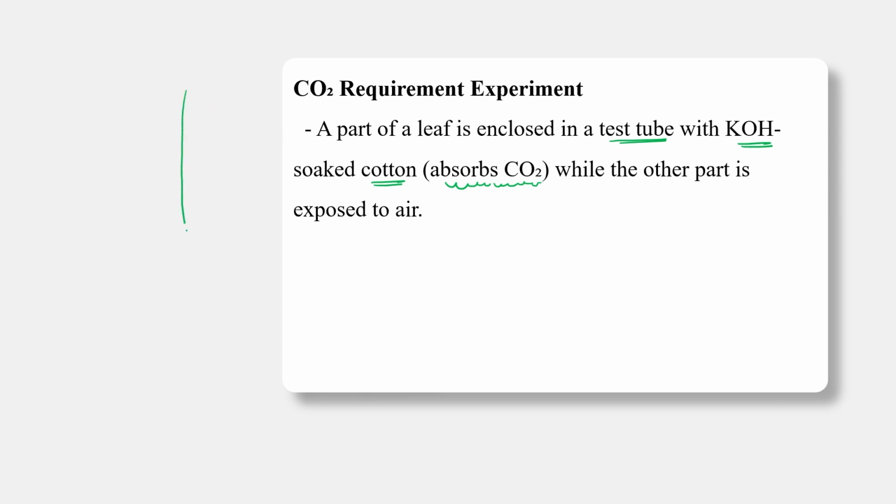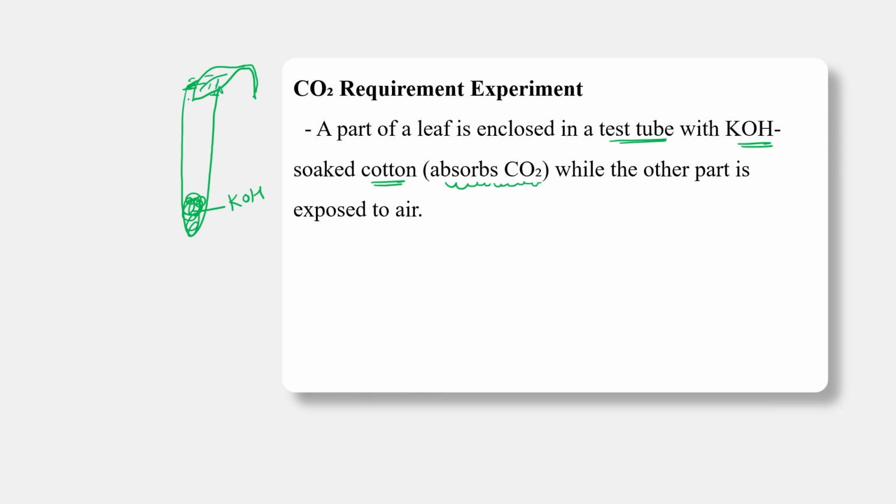If this is a test tube, okay, so a part of the leaf, this is a leaf, is enclosed in it, and here there is a cotton ball soaked with KOH, and we just cover it.